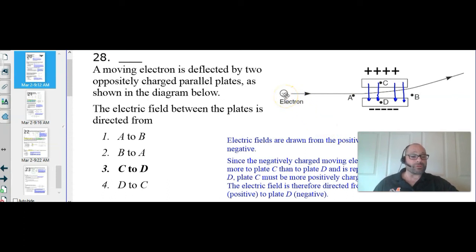Electrons are attracted to the positive plate. So as it goes through, it's being attracted or getting closer to plate C, point C. So that has to be the positive. And of course, it's being pushed away from the negatives. So if I was to draw an electric field, it would have to go from plus to minus. And here are my blue arrows pointing from the positive plate to the negative plate.